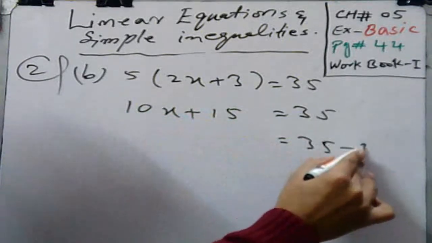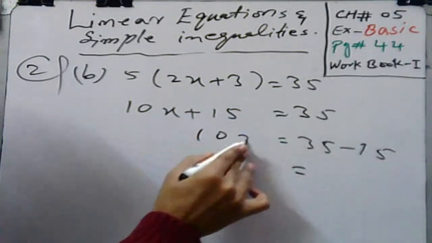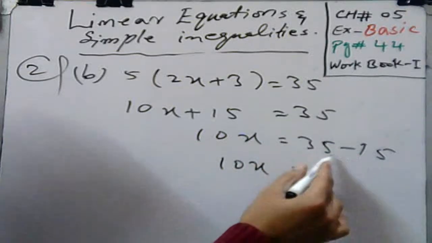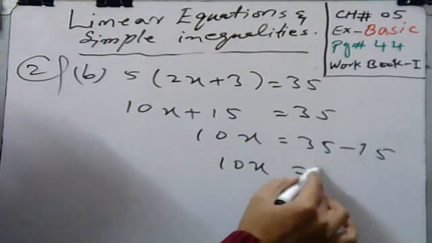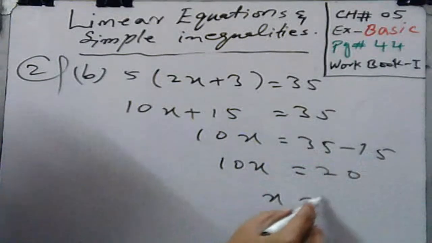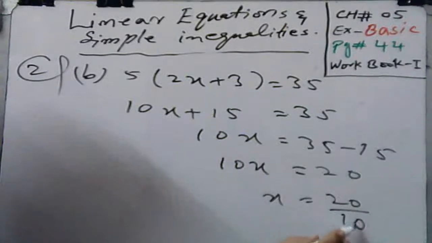The constant value should be shifted to one side. So 35 minus 15, you will get 20. So the value of x is 20 by 10. The 0 will be cancelled, so you will get only 2. So the answer is 2.